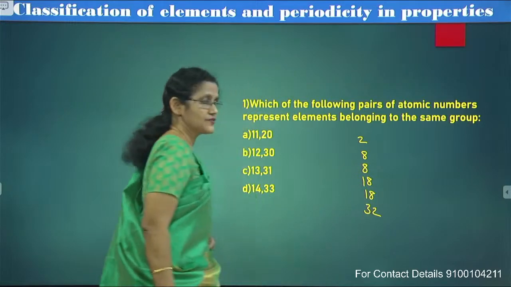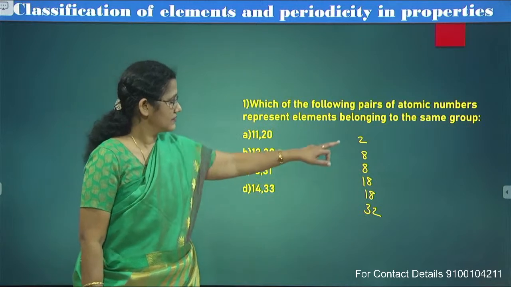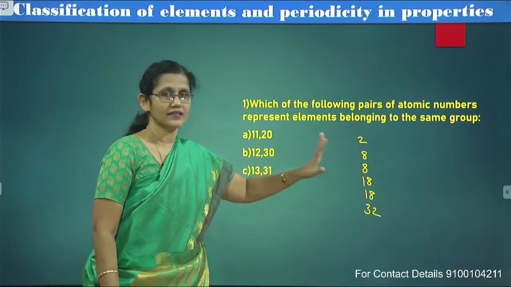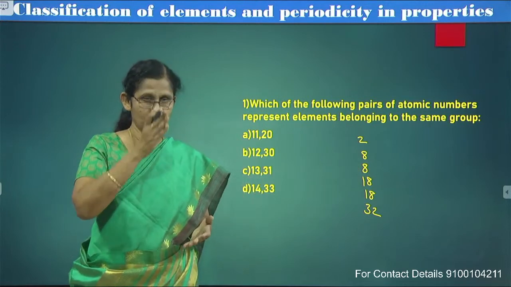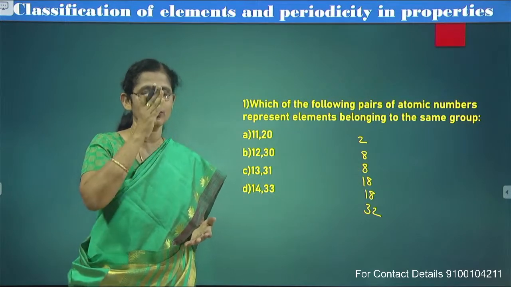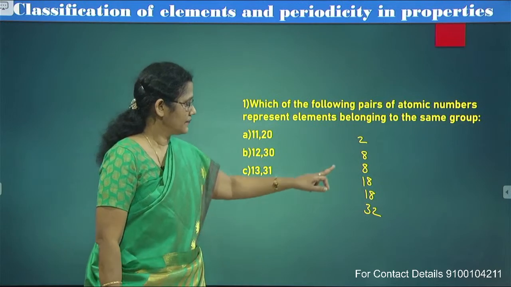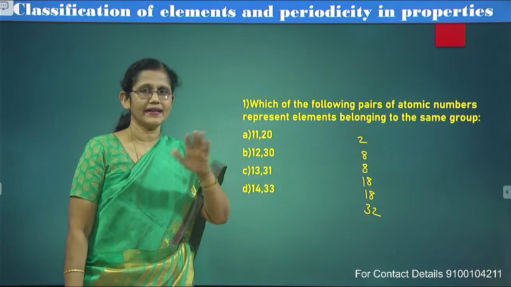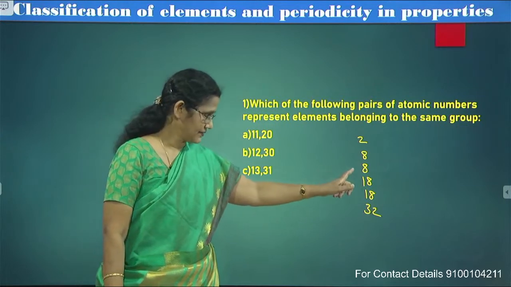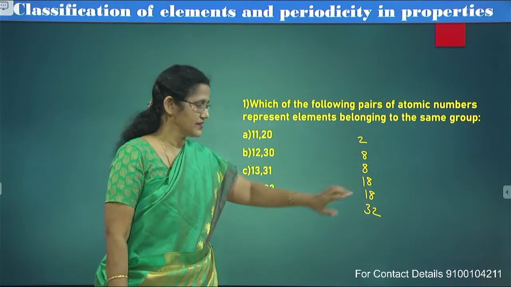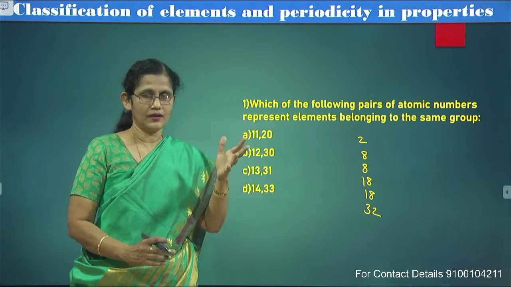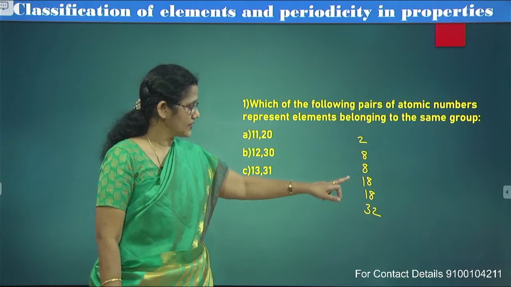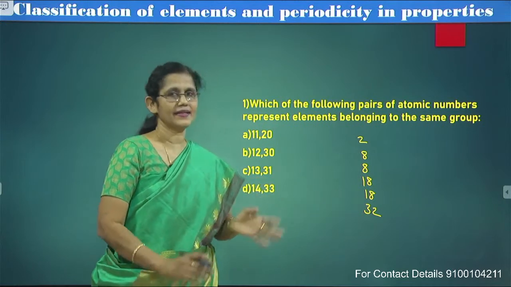So the difference between 2 elements in the same group, here 2, is found by adding 8, 8, 18, 18, and so on. They should all be placed in the same group, right. So for elements up to 12, go on adding 8. After 12, from atomic number 13 onwards, transition elements are introduced, so keep on adding 18, 18, 32.